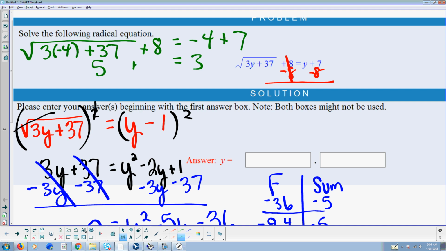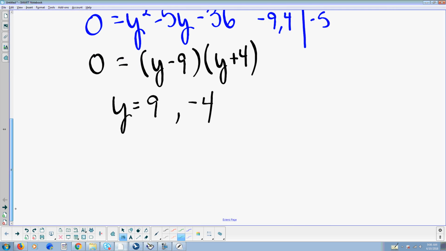Is that right? So I'm going to add 5 plus 8, which is 13. That does not equal 3. 13 does not equal 3. So -4 is an extraneous solution. That is not a true solution.